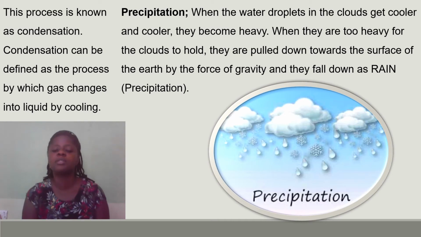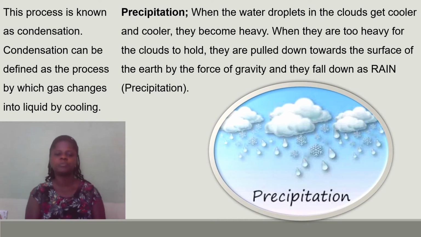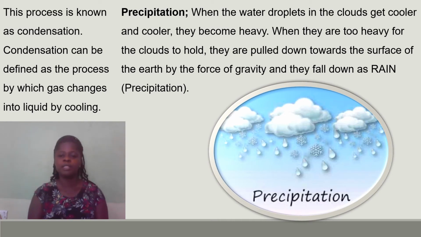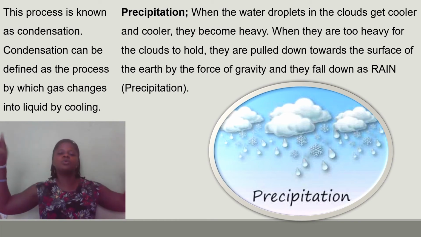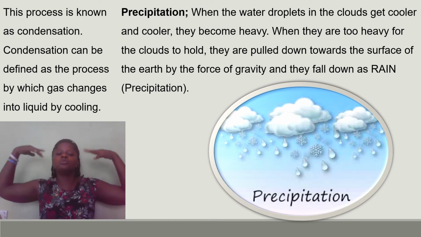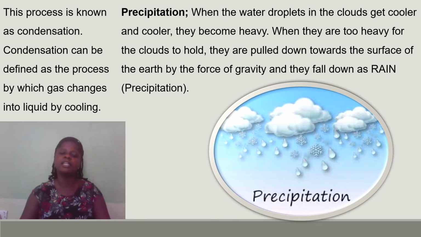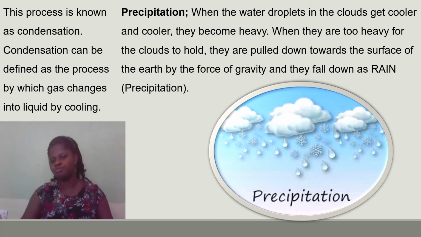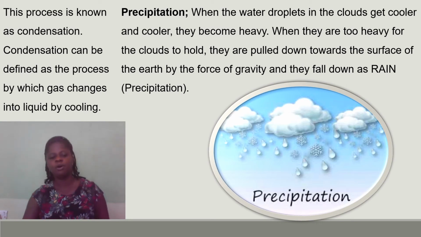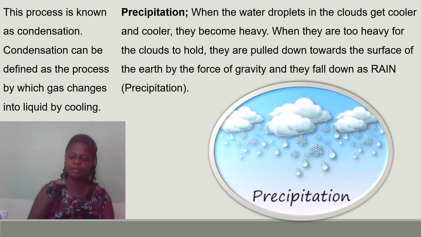Now the third process is precipitation. So when the water droplets in the clouds get cooler and cooler, they become heavy, right? When they are too heavy for the clouds to hold, they come down towards the surface of the earth by force of gravity, and they fall down as rain. So basically that is precipitation.